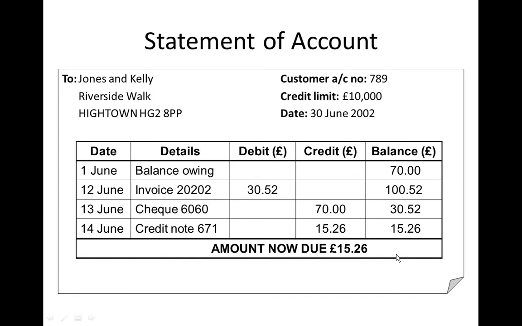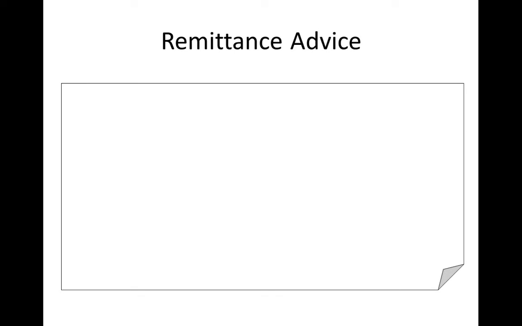So they're saying you now owe us £15.26. This is useful for the customer because they can check that the invoices they think they've paid have actually been paid, and they can see that the credit note has been taken off their account in terms of what they owe. So a statement of account shows customers what they owe and shows all their transaction history with that supplier.